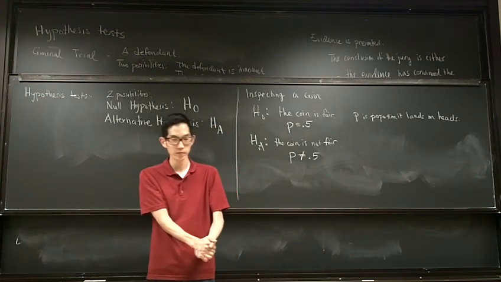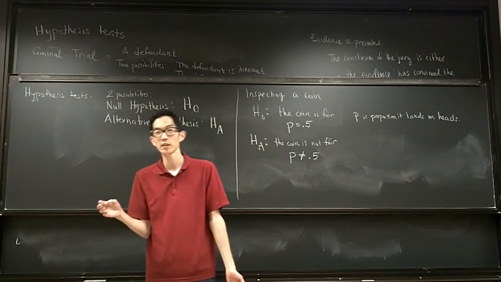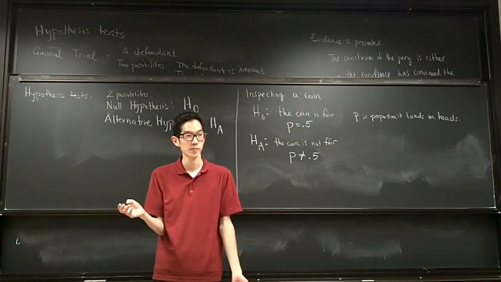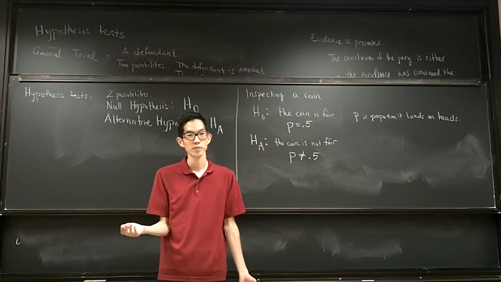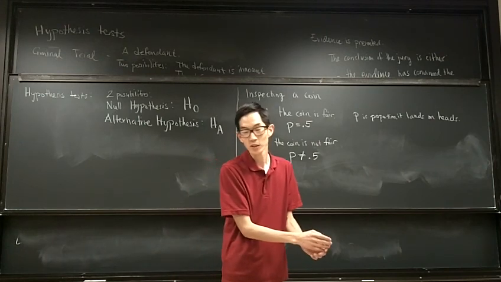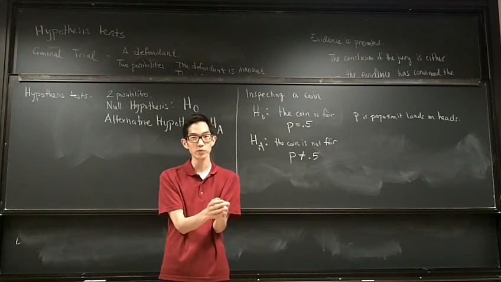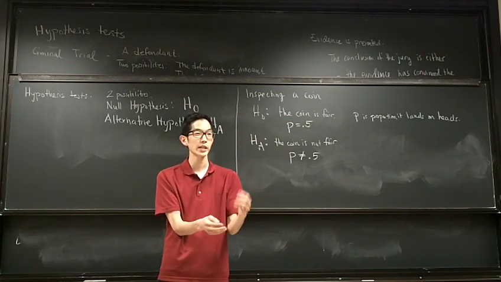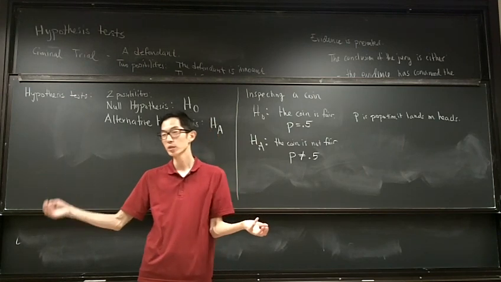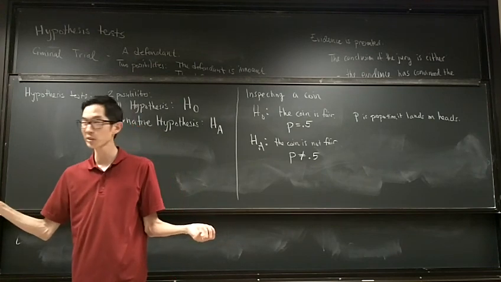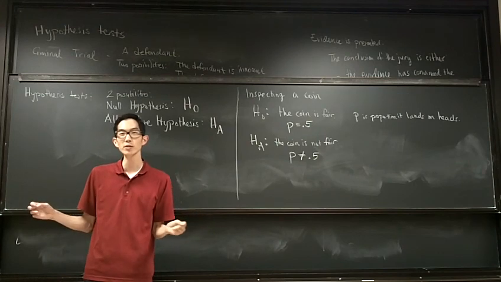On the other hand, let's say I flip it 500 times and it lands heads 400 times. Then would you be convinced that this coin is unfair? Yeah, I think so. Because there, we're still getting 80% heads. If we tried to do that with a regular ordinary coin, it's possible, but it would almost never happen.